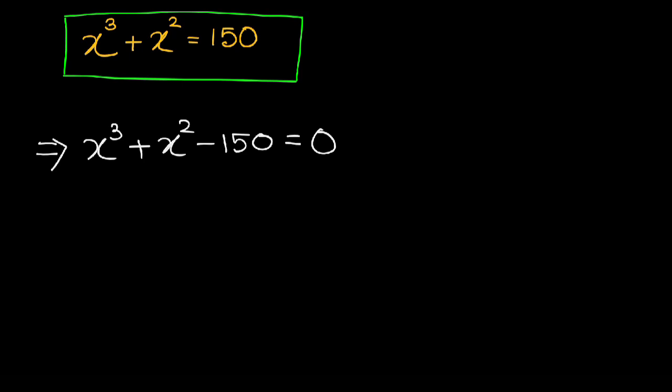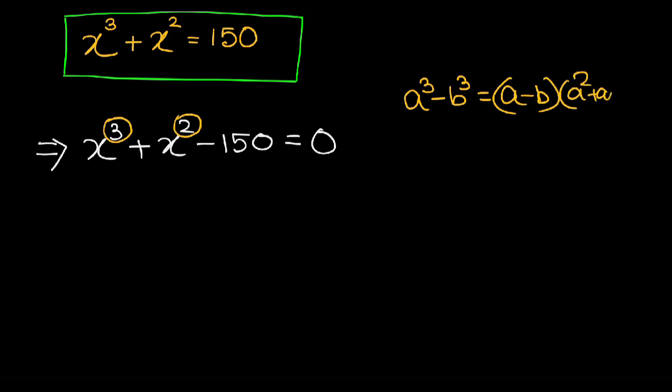In this equation, you can see one cube term is there and another square term is there. So, let us apply two algebraic formulas here. That is, a cube minus b cube is equal to a minus b multiply with a square plus ab plus b square.